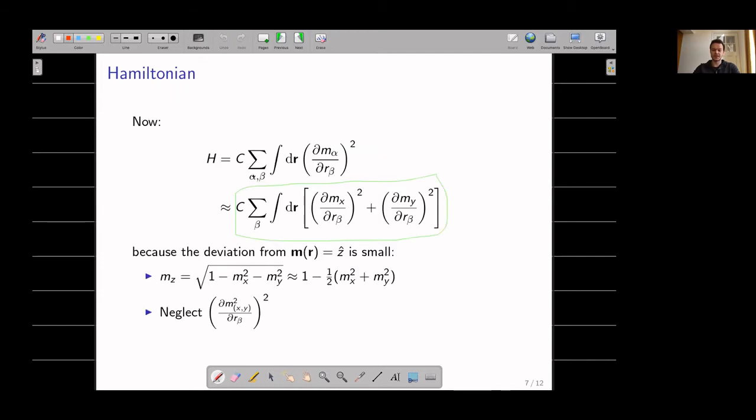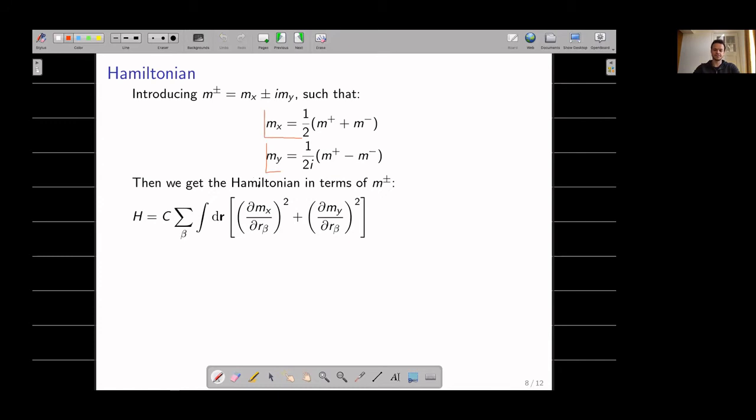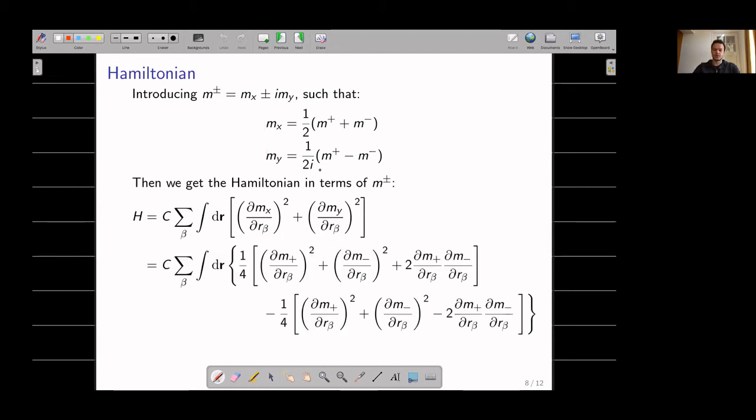Then if we replace mx and my in the previous formula, using the same formula that we found before, we can express all terms. By replacing mx here, we square it. We have a plus sign here because it comes with a plus, and here we have a minus sign because it comes with a minus.